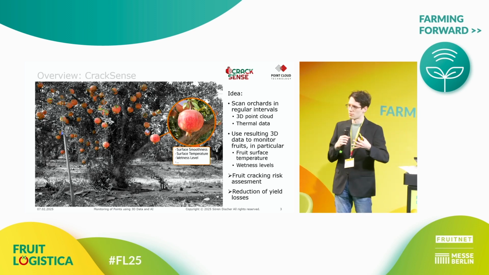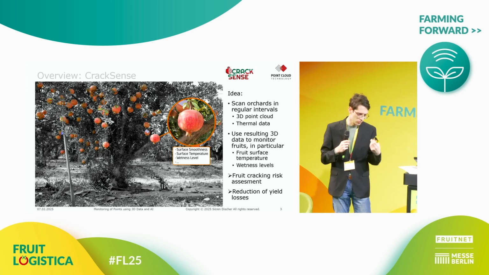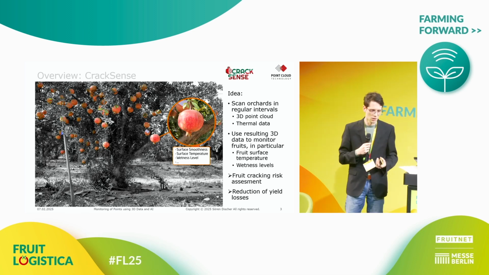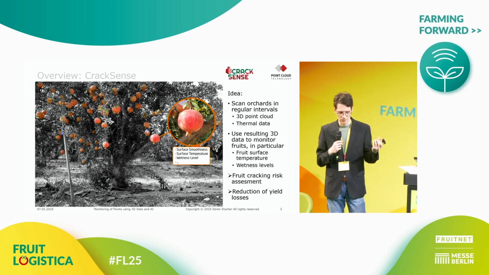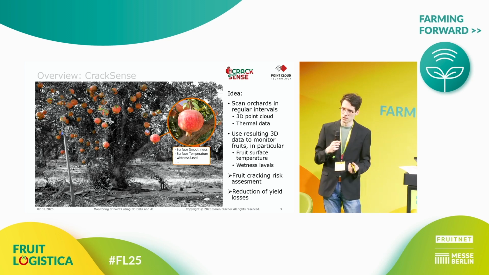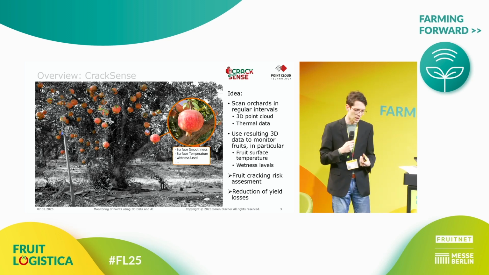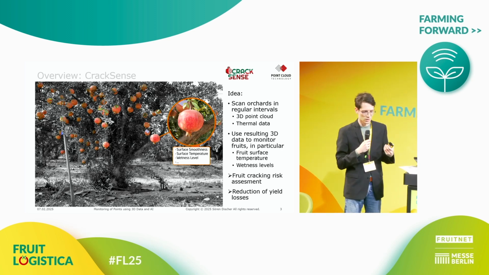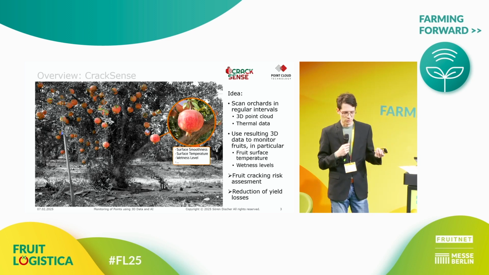All these properties can then be used to, at least we hope it can be used to, assess the risk of food cracking, which hopefully in the end helps reduce yield losses.